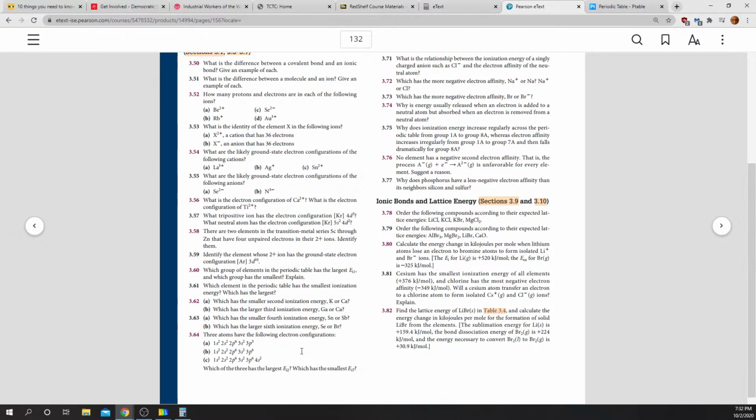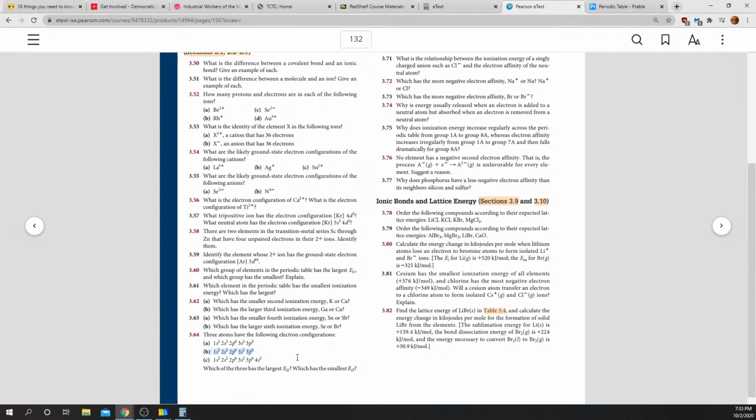3 atoms have the following electron configurations. Which of the 3 has the largest second ionization energy? Which has the smallest 7th ionization energy? Okay. Largest IE2. Interesting. So this here is a noble gas, so you're removing nothing but core.